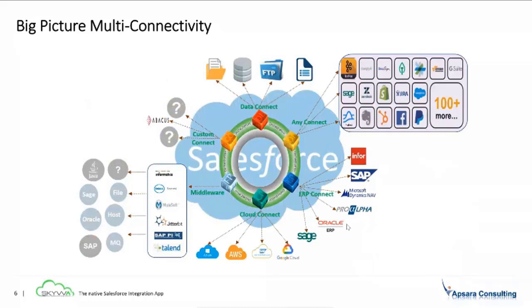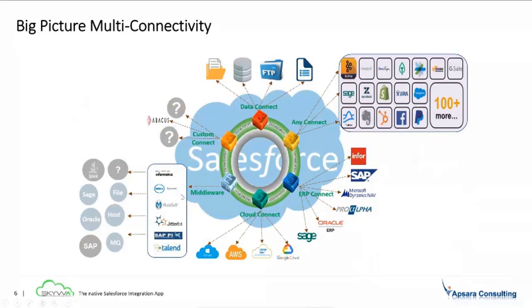So let's see the overall big picture. When you look at the overall big picture, you can see the ANY Connect here is a special block. It's a new block that we are providing to our service layer, where you know already that you can, for example, connect using data connect or manual load. You can connect to different ERP systems. You can connect to another cloud system.